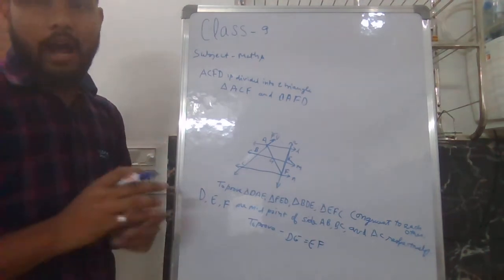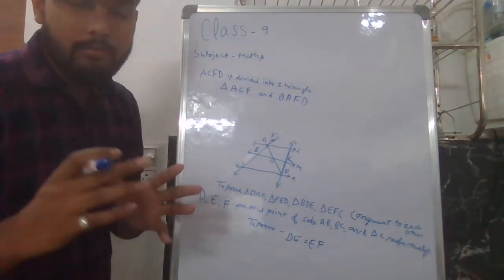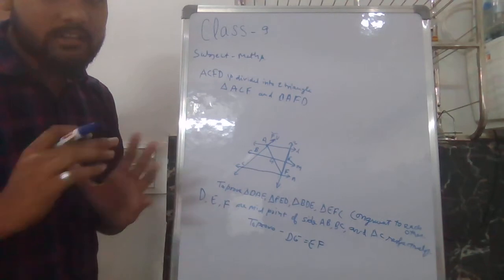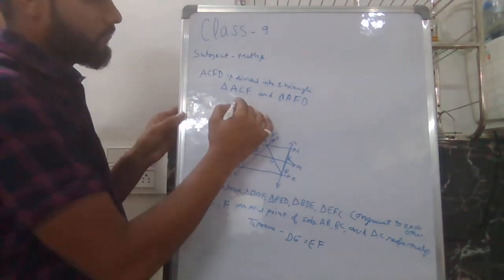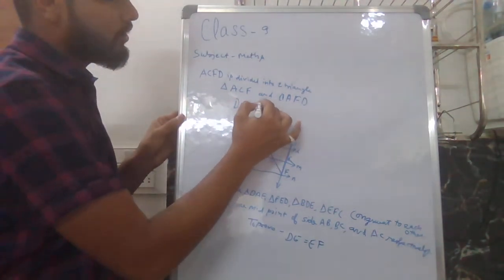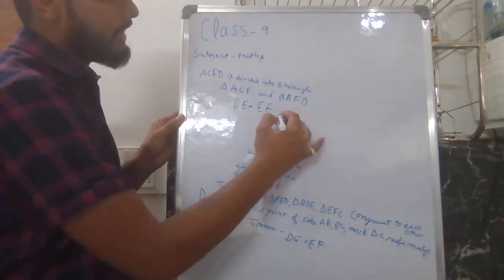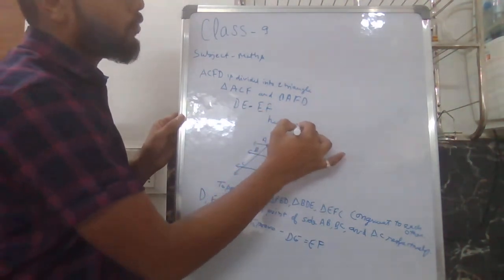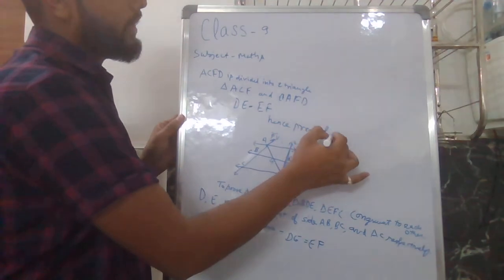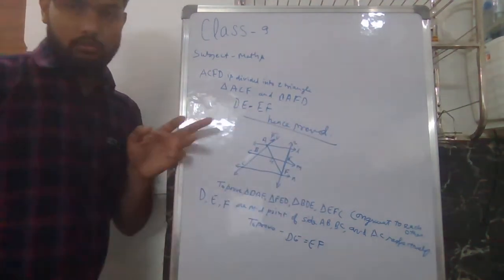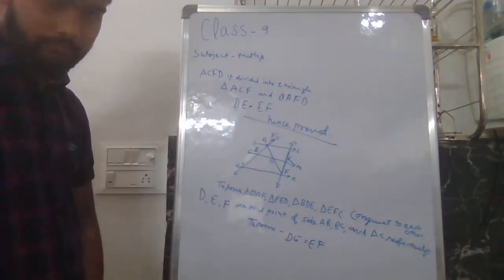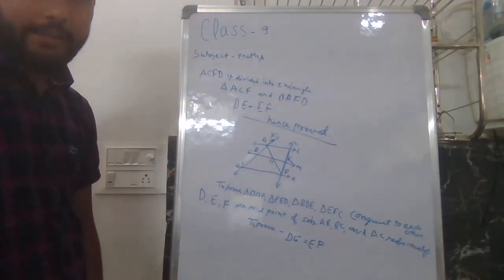And so by the theorem we can see that DE is equal to EF. So here we can see that the theorem is proved. So hence proved. Okay, so this will be the proof of this theorem.